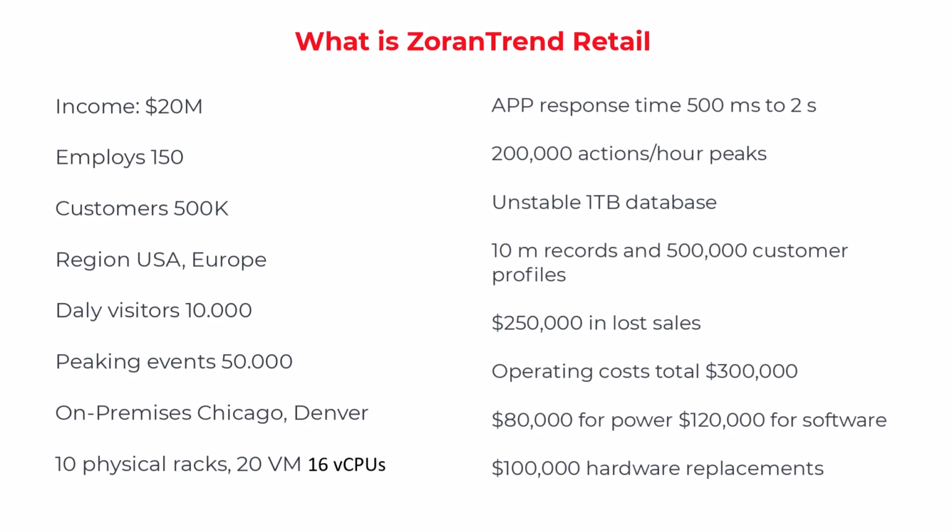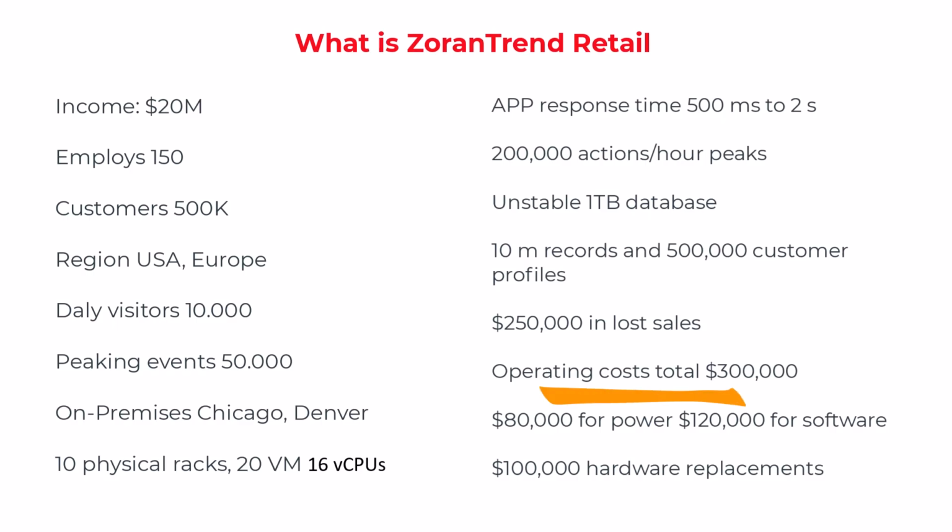Performance challenges include slow app response times, averaging 500 milliseconds, spiking to 2 seconds during peak usage, with 200,000 actions per hour at peak, and an unstable 1 terabyte database storing 10 million sales records and 500,000 customer profiles, which has crashed twice for 4 hours each, resulting in $250,000 in lost sales.